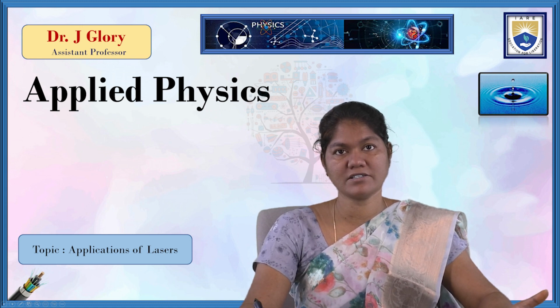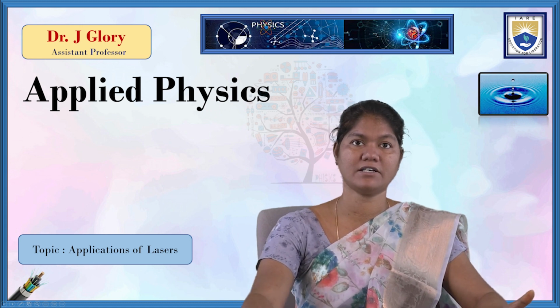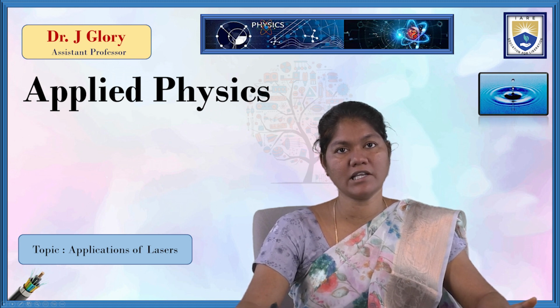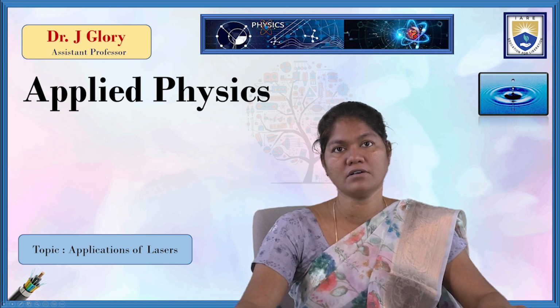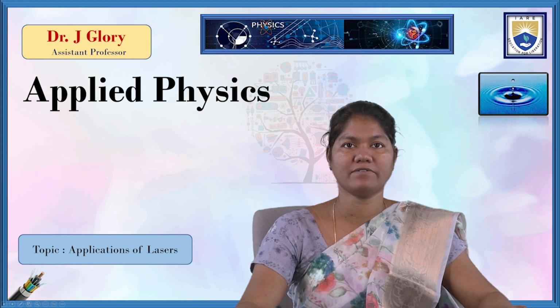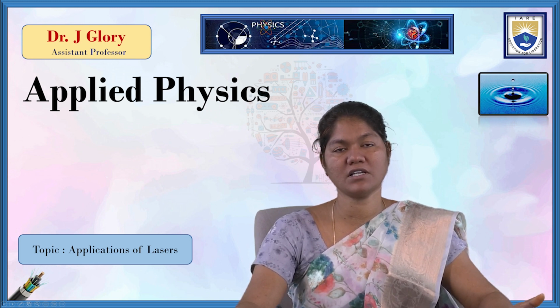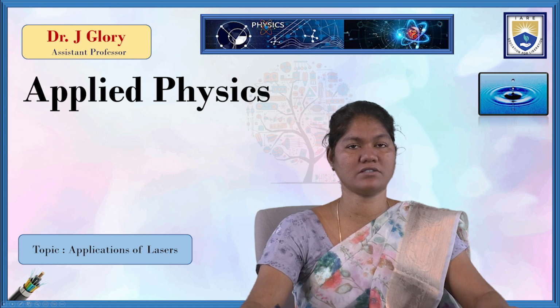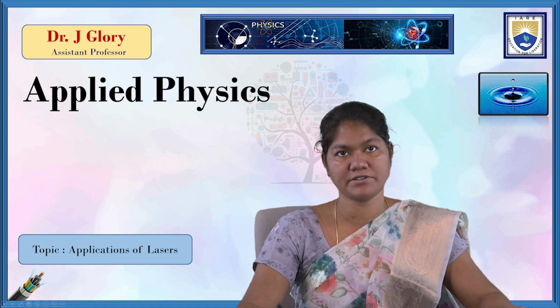The ruby laser is a pulsed three level laser, but the helium neon laser is a continuous four level laser. We saw the construction, working, energy level diagram, drawbacks and advantages of the ruby laser.